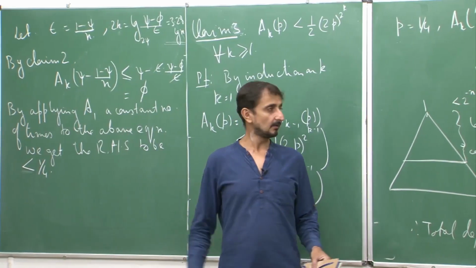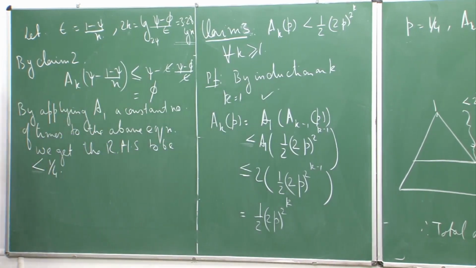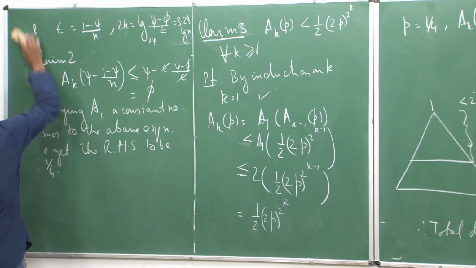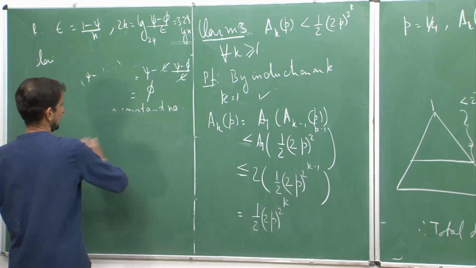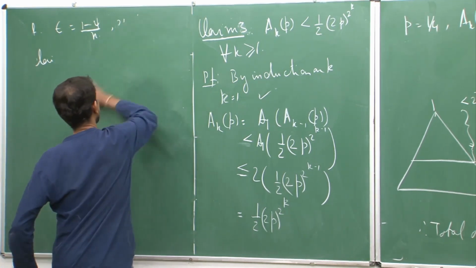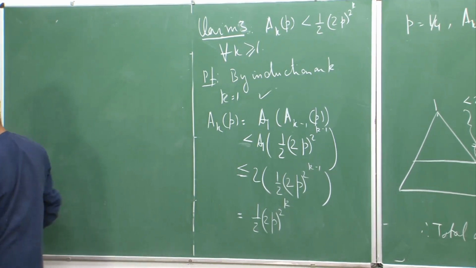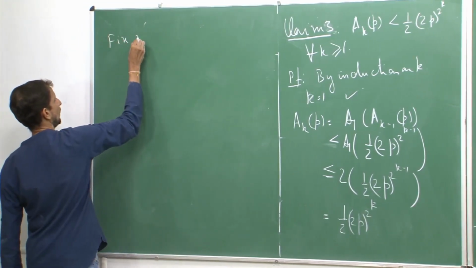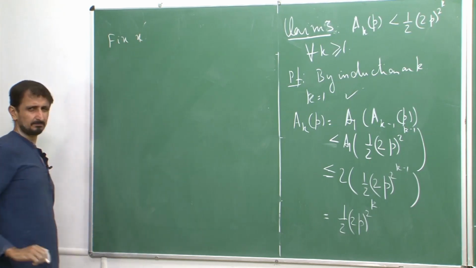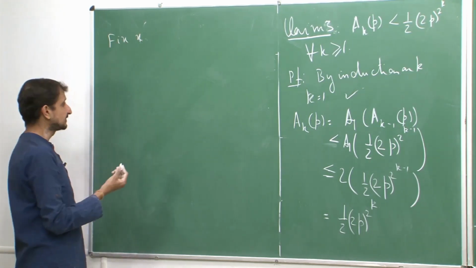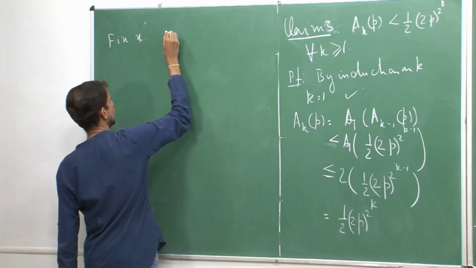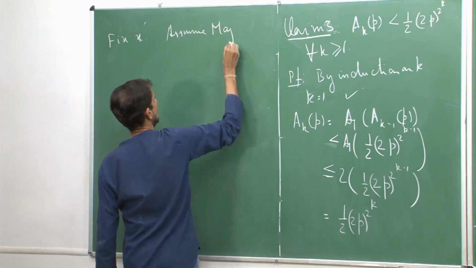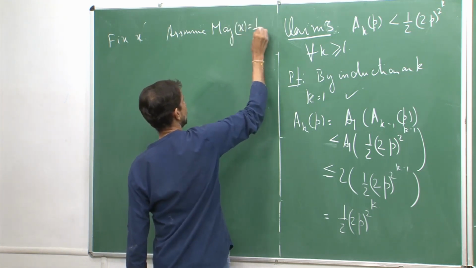Okay. So, now observe that, I will just take a couple of minutes because I want to complete this. So, once we have the lemma, the main theorem is actually pretty obvious. It is just by a probabilistic argument. So, fix some x. Now, assume that majority of x is equal to 1.